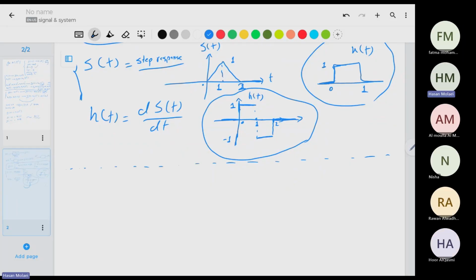Which one is easier for you to shift? x(t). At first, we should provide x(tau), which is just changing the t to tau.